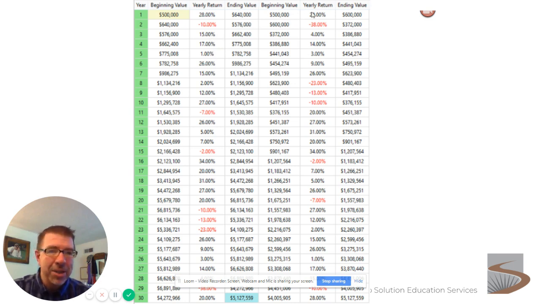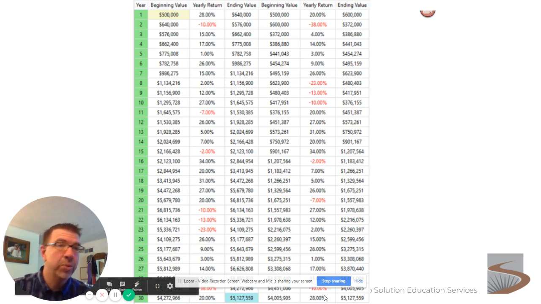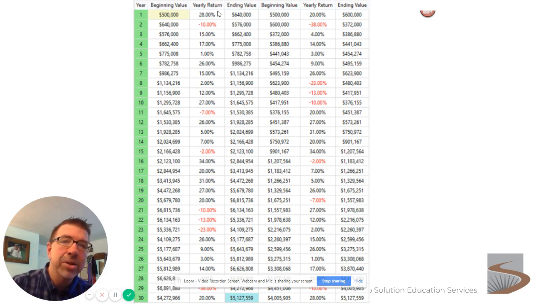But on the right-hand side, you'll notice that the sequence of returns is different. It's just flip-flopped in terms of order. The first return of 28% ends up being the last return on the right-hand side. So what is the point about the ending balance in the accumulation phase of life?